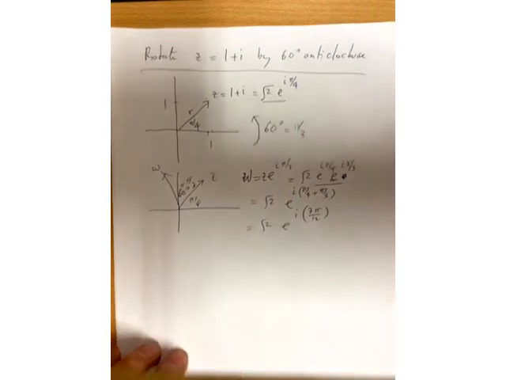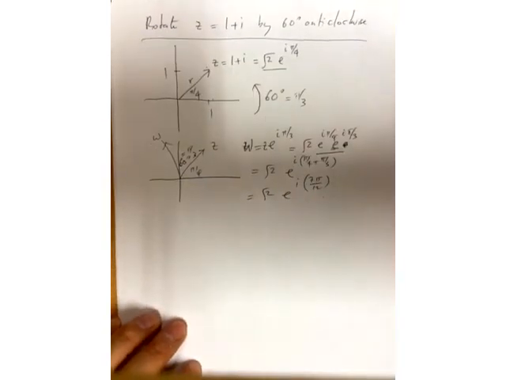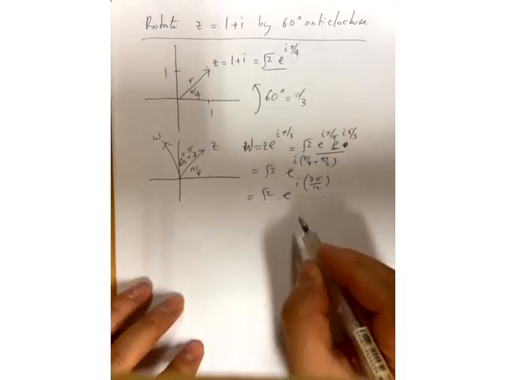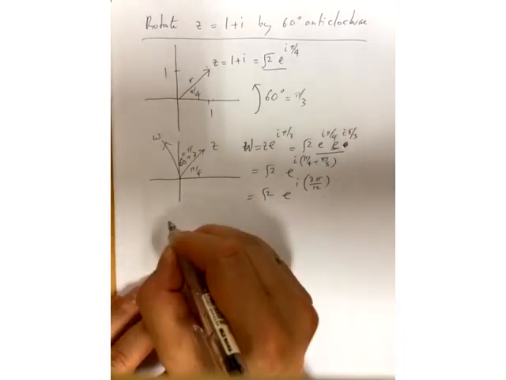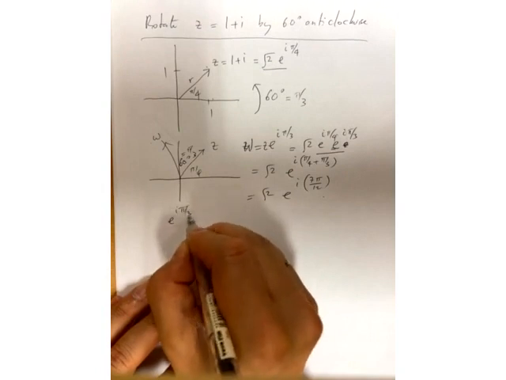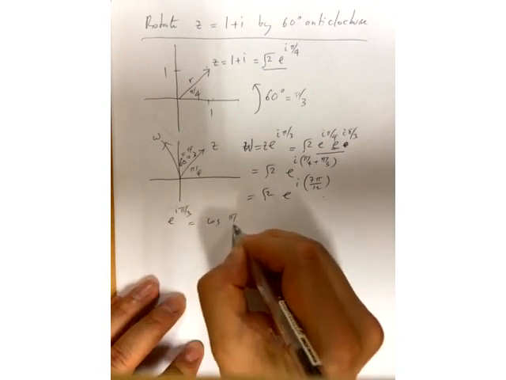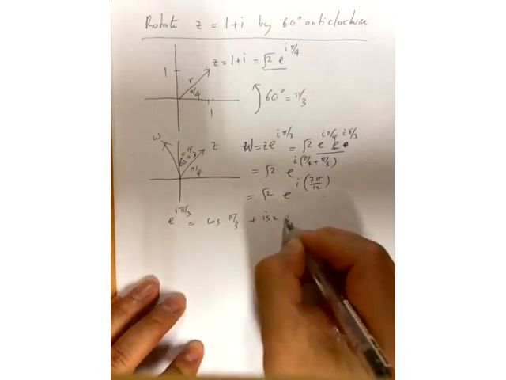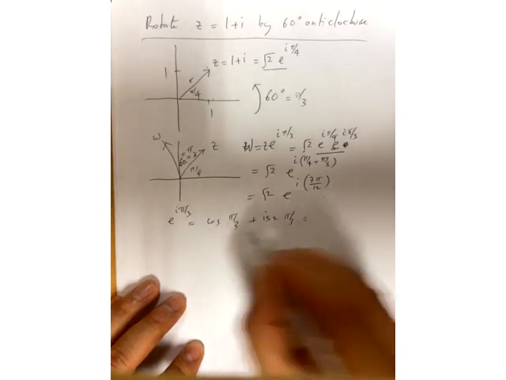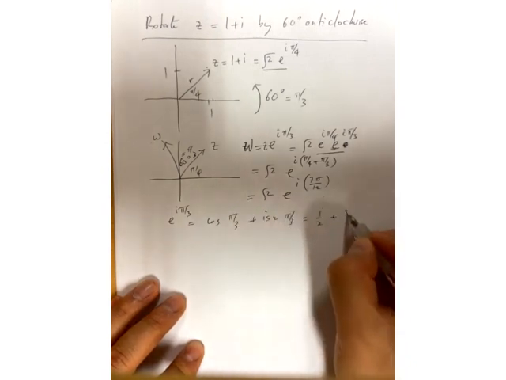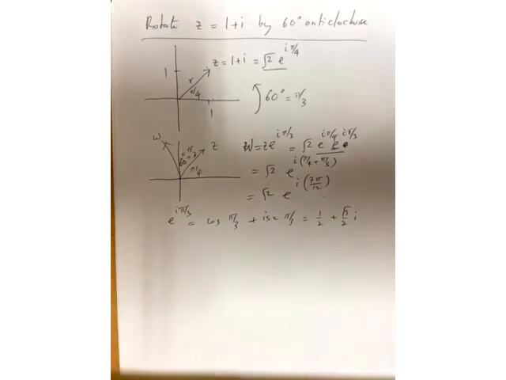Right, so that's that. Now, two birds, one stone. You know that e to the i pi on 3 is cos pi on 3 plus i sine pi on 3, and that is a half plus root 3 on 2 times i, if you know your exact ratios.